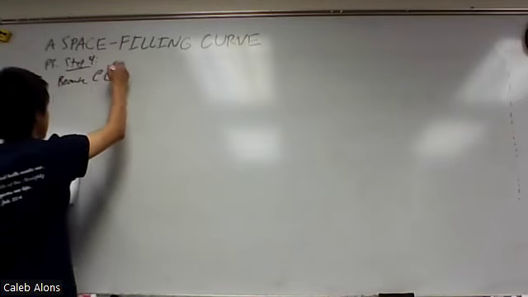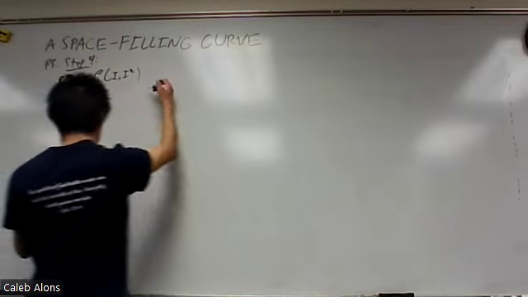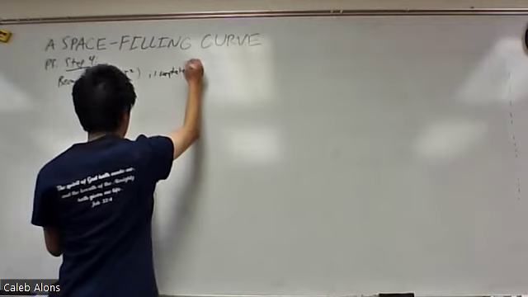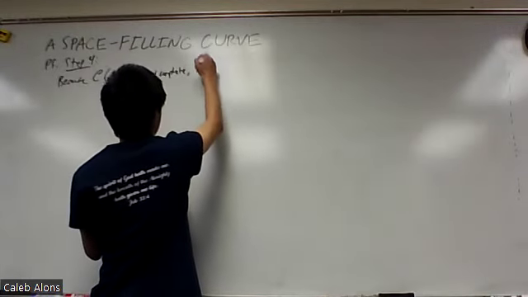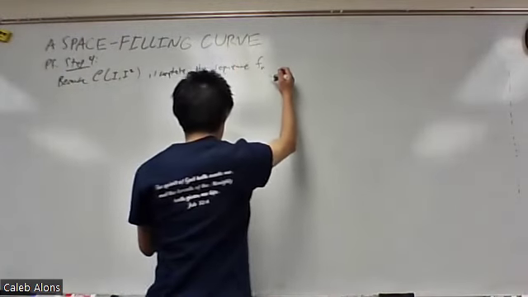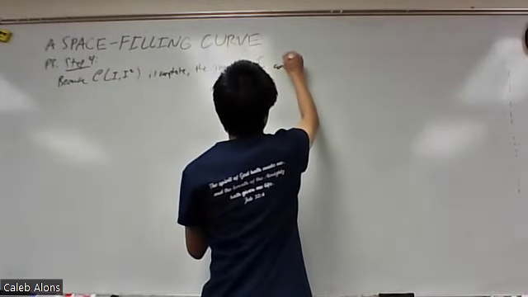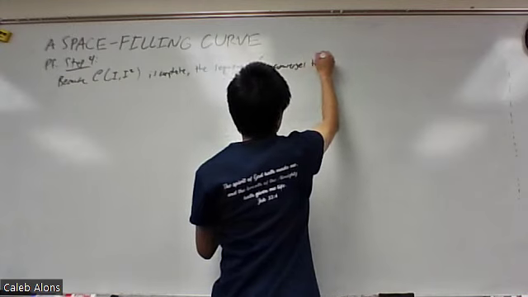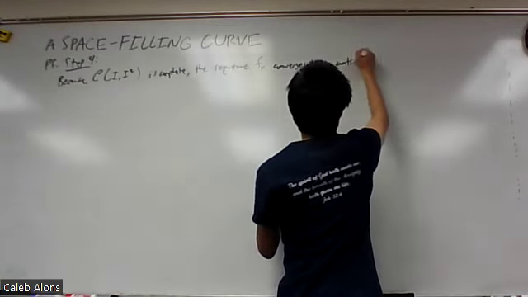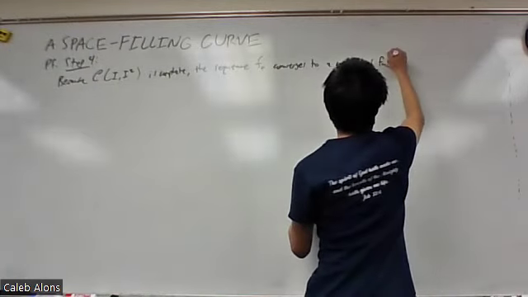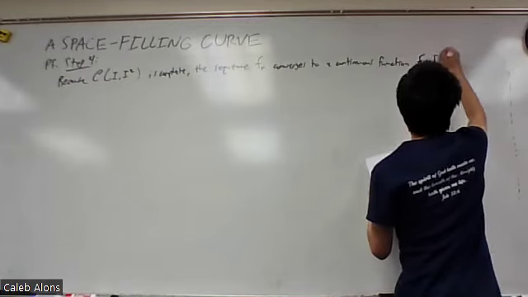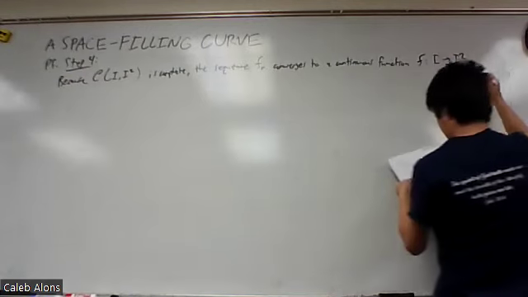Because C(I, R^2) is complete, the sequence fn converges to a continuous function f from I to the square.